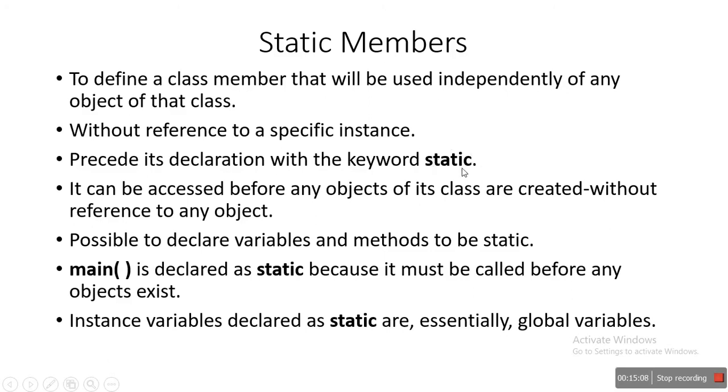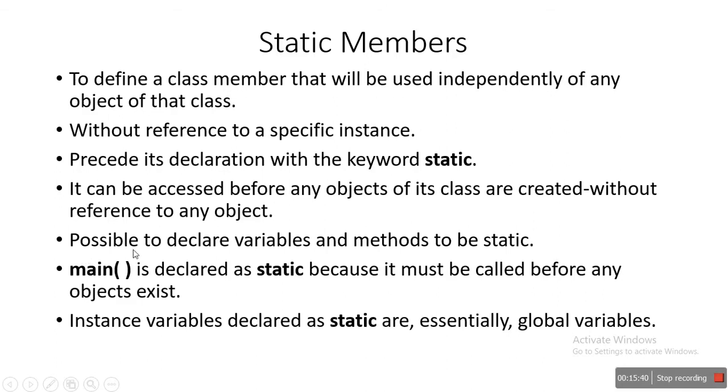If you use the static keyword just before declaring a variable or method, it is called a static member. One more feature is that it can be accessed before any object of its class is created, without reference to any object. As I said, you can access those static members before creating any object. Without creating an object, you can access them directly by using the class name.